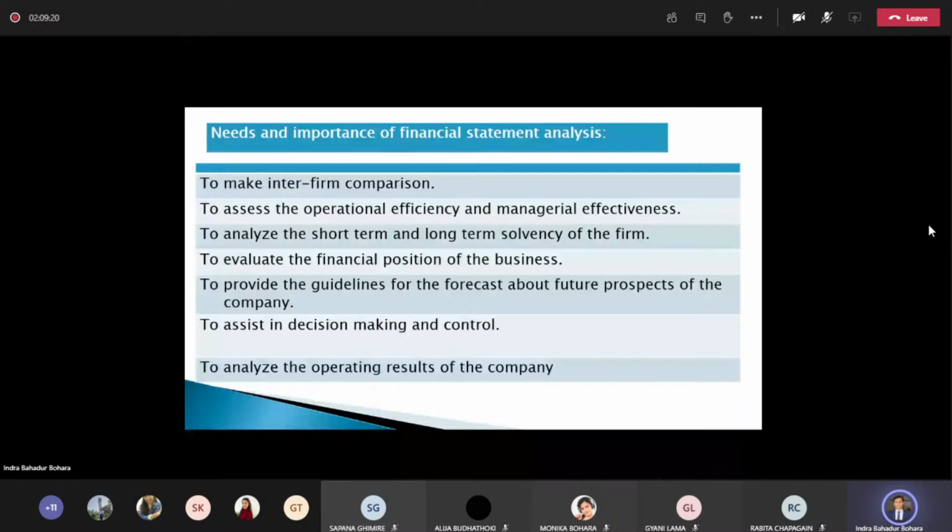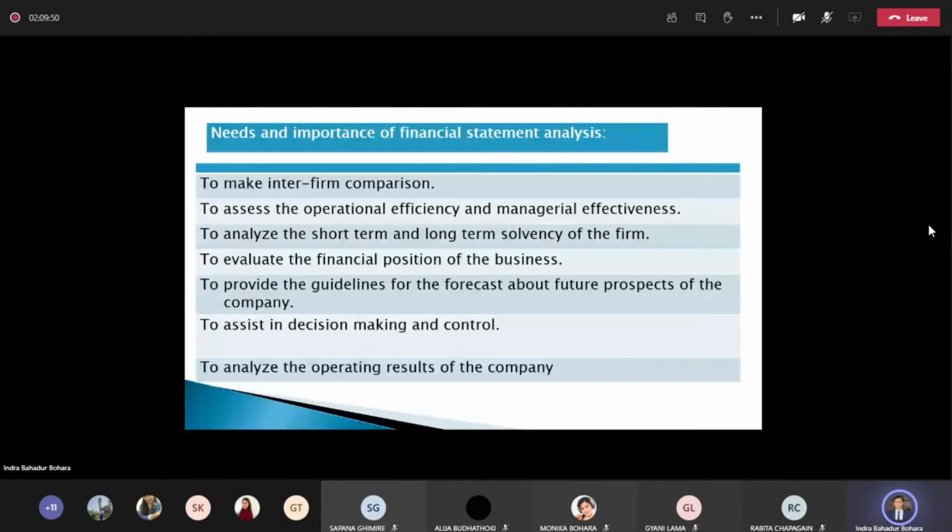By observing the profit only, it is not possible to compare the real profitability position of the companies. Therefore, you should calculate the net profit ratio of company A and of company B, and then you can compare the profitability position of the companies.